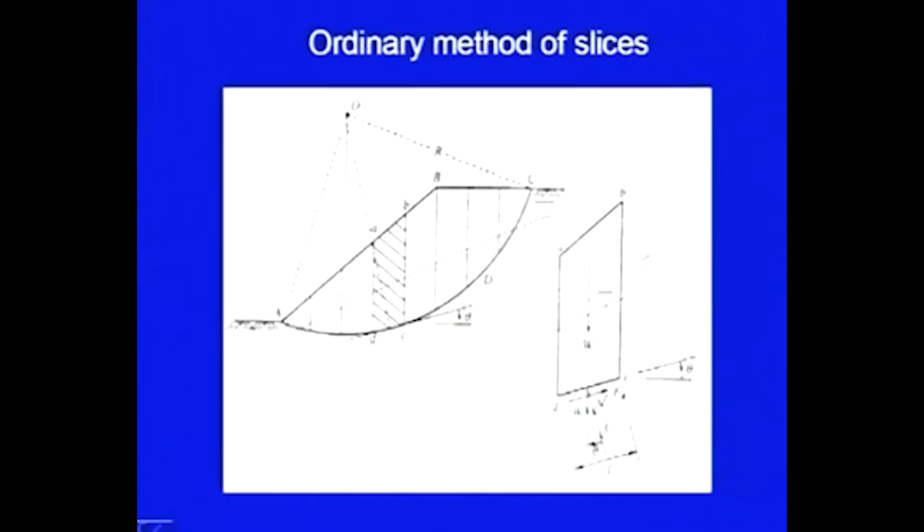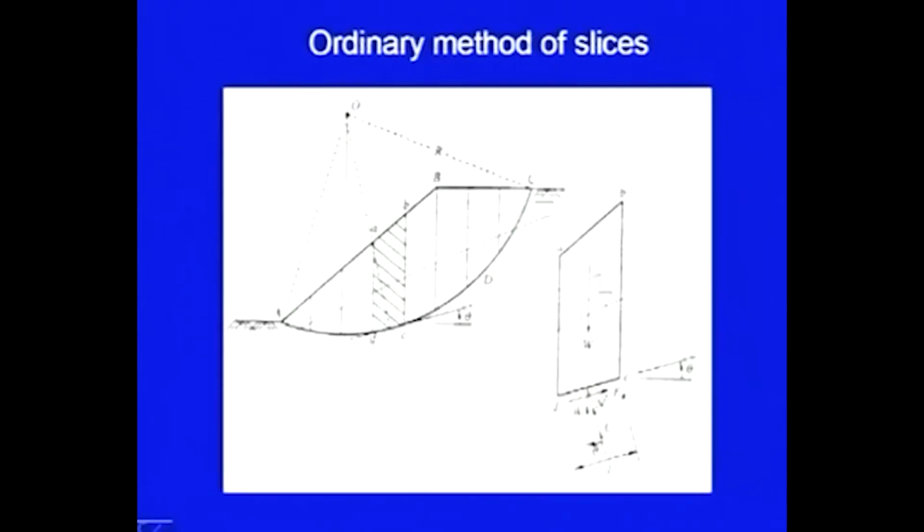It will have some forces on the sides also. Here also it will have forces along the vertical direction, and in the horizontal direction they may have forces. In this analysis, we are considering that these forces are equal to each other. Otherwise, this problem becomes an indeterminate problem.